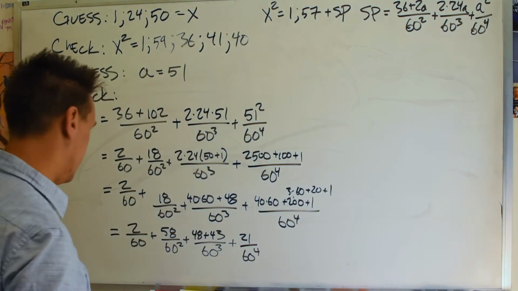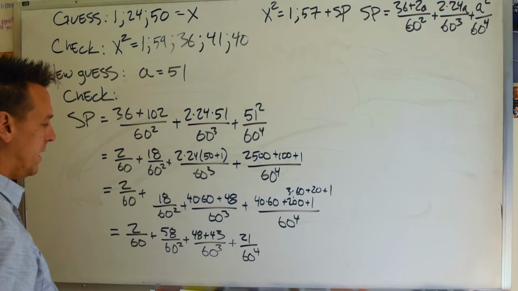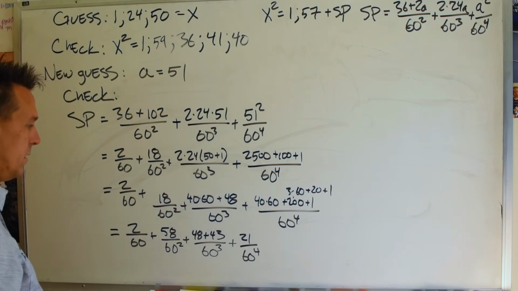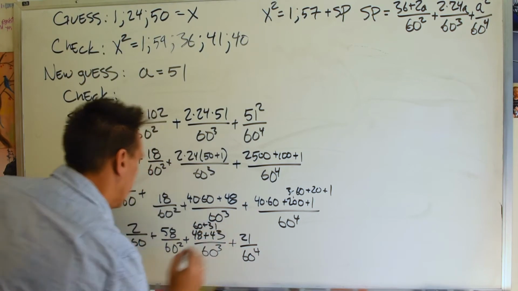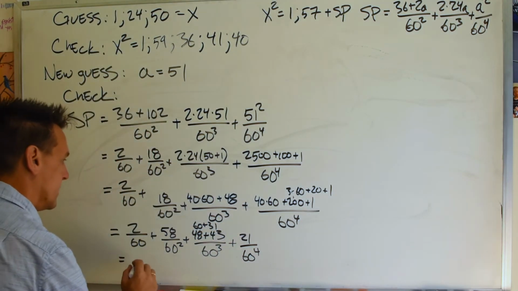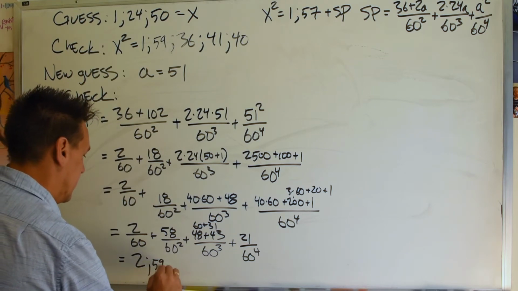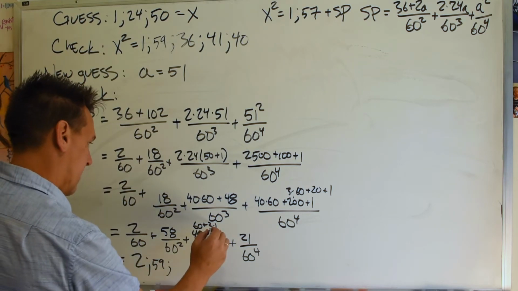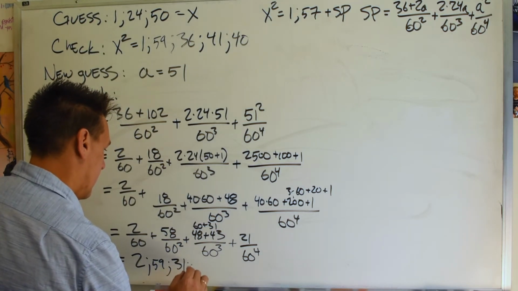And now here I might start worrying, stuff's going to carry. So 48 and 43 is 91, which is 60 and 31. And so my final small part is going to be, I'm going to get one more unit here. It's going to be 259. I'm going to have 31 left over, and then 21.